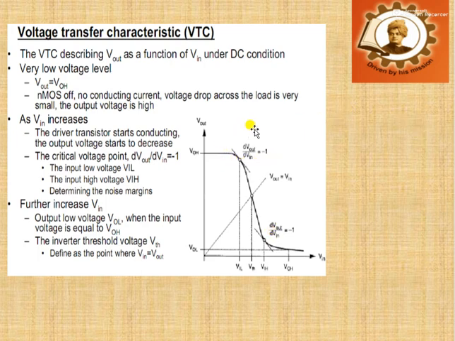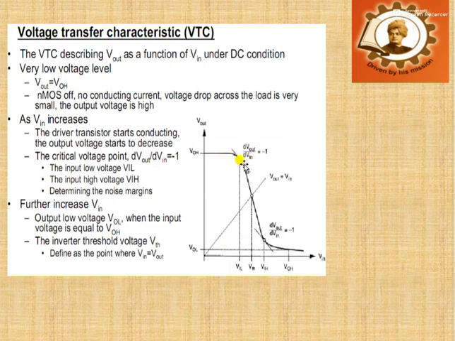If you look at the VTC curve, there are two critical points where the slope dV out by dV in equals -1. From the VTC curve, it is clear that if we increase V in, that means the input voltage, the driver transistor starts conducting and the output voltage starts decreasing. So the critical point here is dV out by dV in equal to -1.